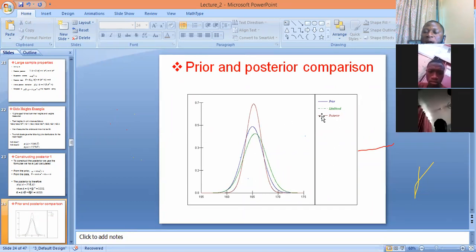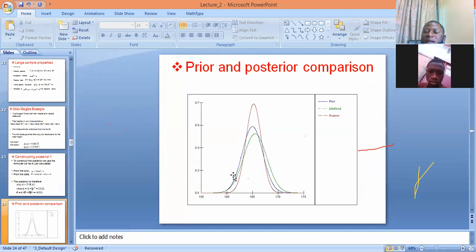So we have our prior, which is the blue, where the variance is 4, and then the data likelihood, which is green, where the variance, when we computed, was 50. And then we consider the posterior, which is the red one.